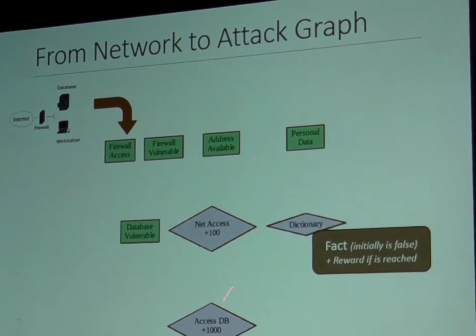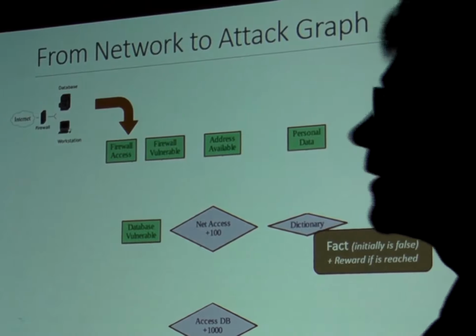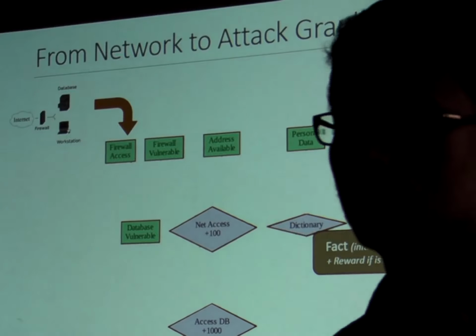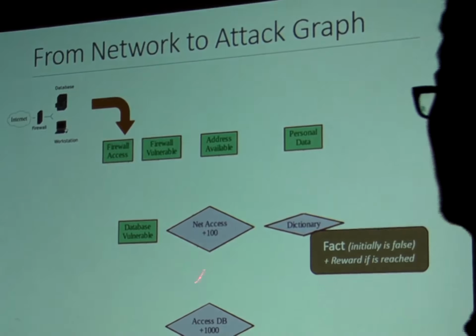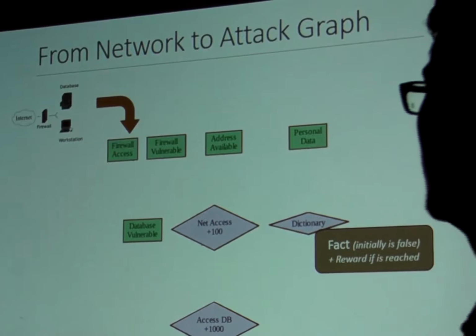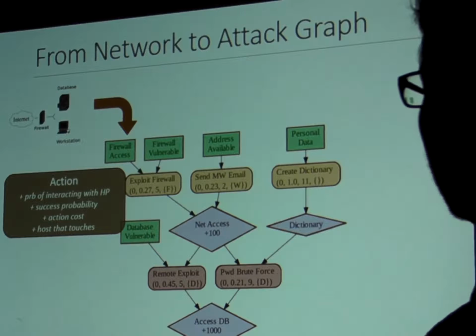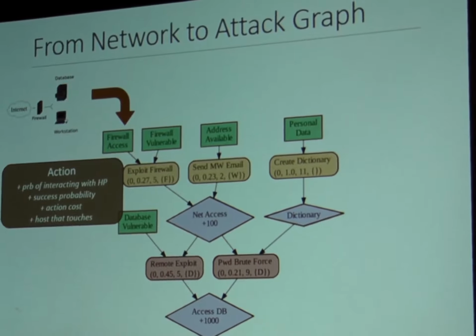These are fact nodes that are initially false, but can become true through the actions. And for those we give some rewards for the attacker. So in this case, we assume that the attacker gains 1,000 unit points when he gains access to the database, and 100 points for network access. And then there are the actions that correspond to exploits that the attacker can attempt to perform.